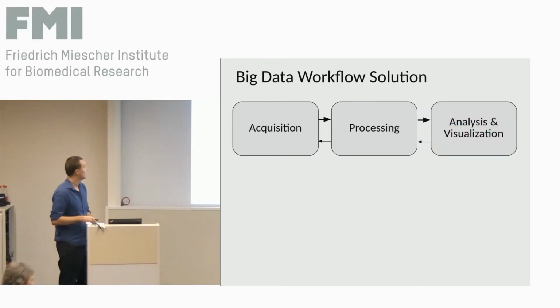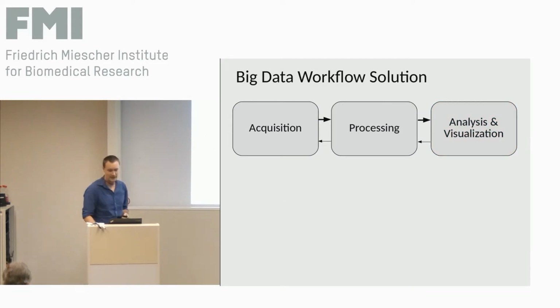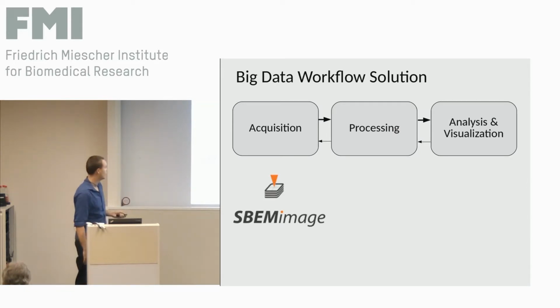So what would be the solution? What I'd like to present to you is, on the acquisition side, a software tool called SpamImage that is developed by Benjamin Tietze in our lab, which is a GUI acquisition software for the spam microscope.